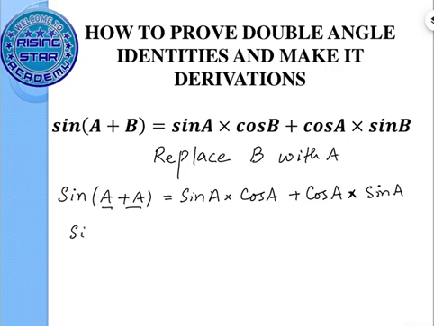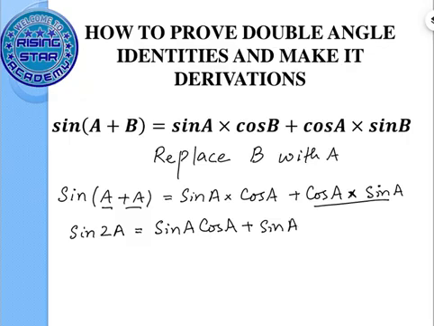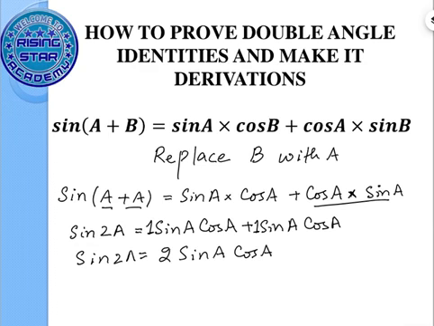So that will become sine of 2A is equal to sine A cos A plus, we can write this in order, sine A and cos A. So now this is 1 sine A cos A and this is also 1 sine A cos A. So that will become 2 sine A cos A. So this is the proof of the double angle formula.